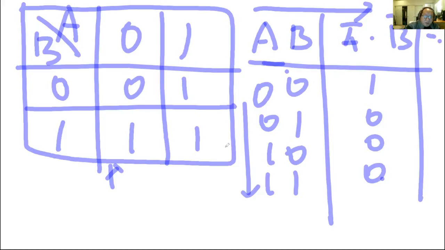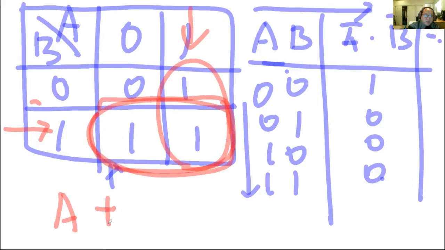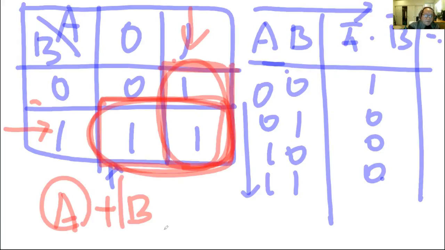You can have this block and this block. This first block is actually A, and this second block is actually B. So it's actually A or B. And in a larger function, you put the whole block: this block plus the other block, you get your larger function.